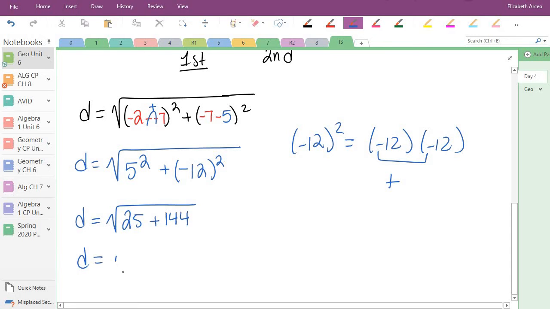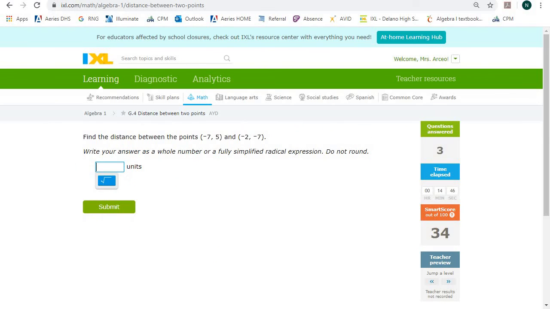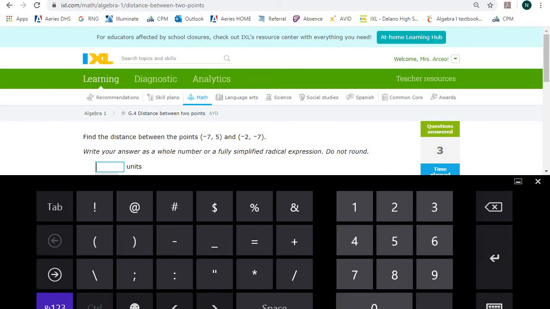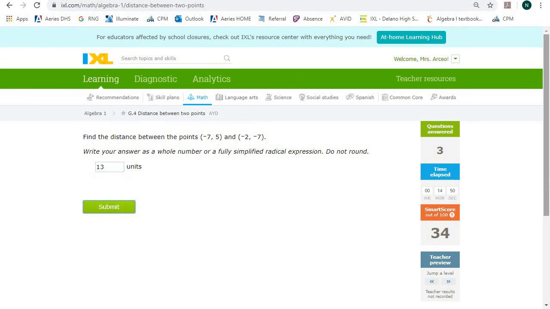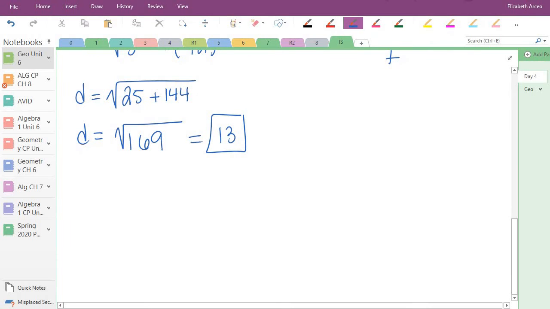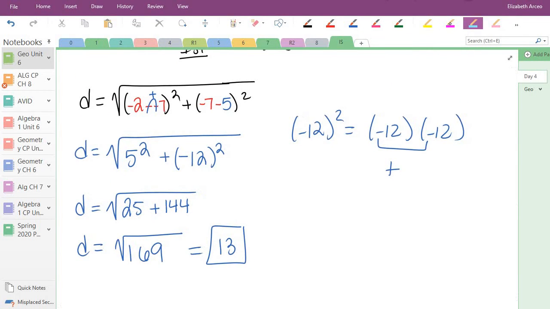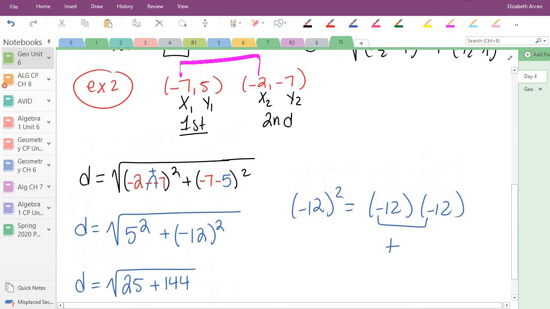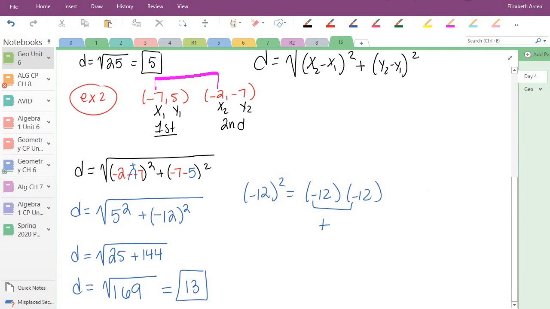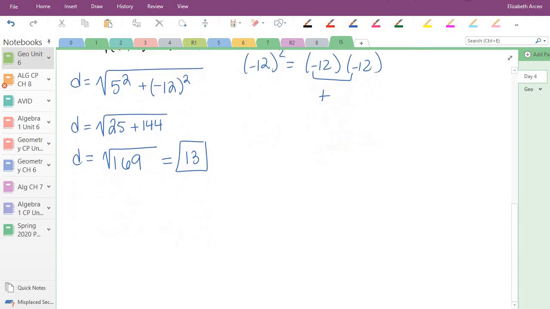So the distance is equal to the square root of 169, and that is equal to 13. Okay, so sometimes you will make mistakes, so I did make a mistake up here. Just make sure you take your time and look at the x, y values correctly.